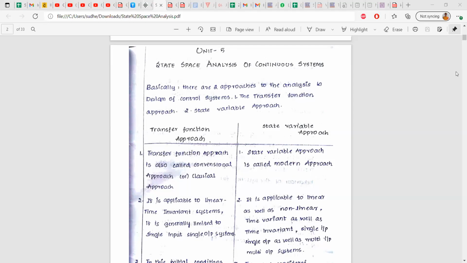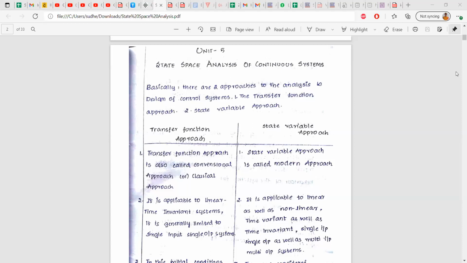And we discussed, while explaining the definition of the transfer function, linear systems, what is a linear system, what is a linear time invariant system, right? So here the transfer function is strictly applicable for LTI systems only, and limited to single input single output systems.